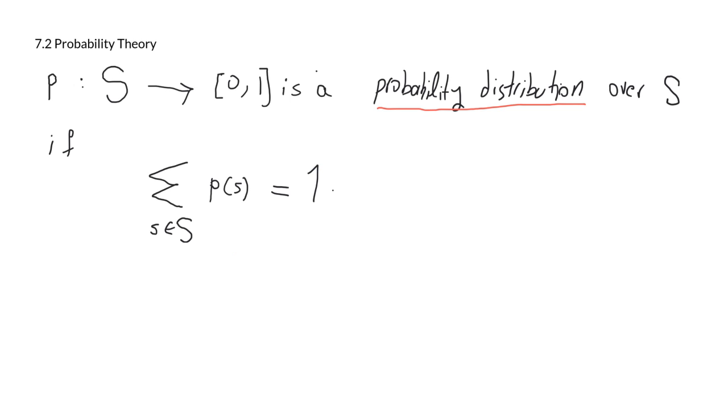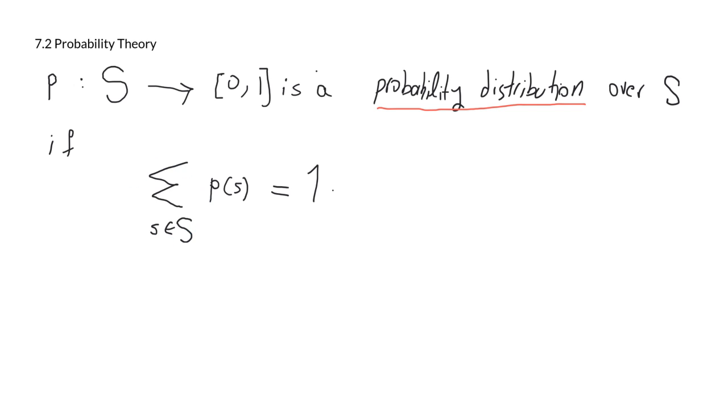Of course, this is a discrete probability distribution, and this summation here makes sense only if S is finite. Otherwise, if S is infinite, it has to be that only a finite number of elements get non-zero probabilities, because you should remember that an infinite summation of non-zero elements is meaningless.